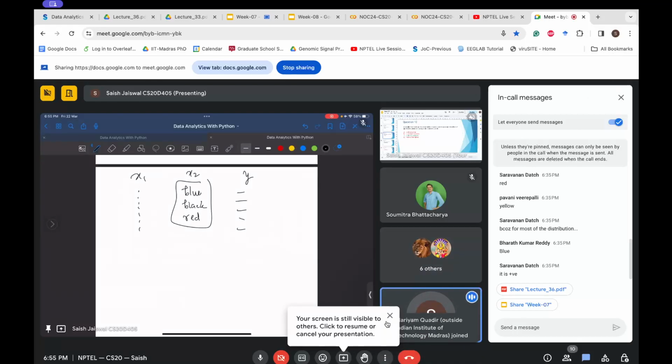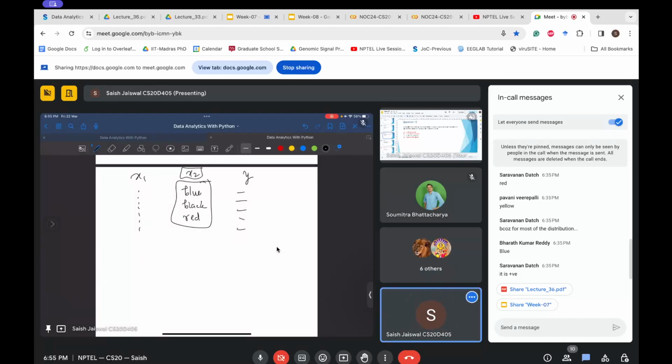If you want to associate some values with this variable x2, will 0 and 1 suffice? Any answer on this? Any thoughts? I want to convert this categorical variable into some numerical representation using zeros and ones. So will a single 0 and 1 be sufficient to represent these values? That's the question.